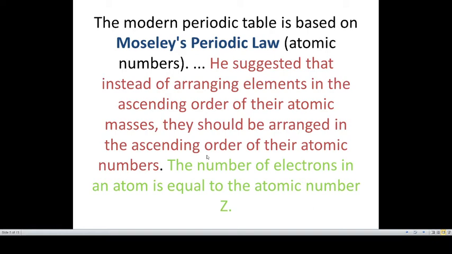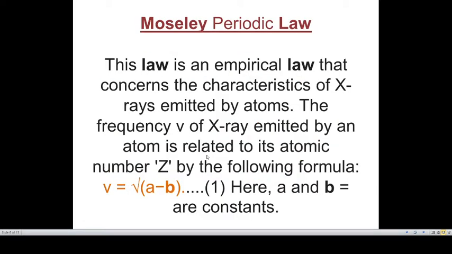The number of electrons in an atom is equal to the atomic number Z. Now, this law is an empirical law concerning the characteristic X-rays emitted by atoms.